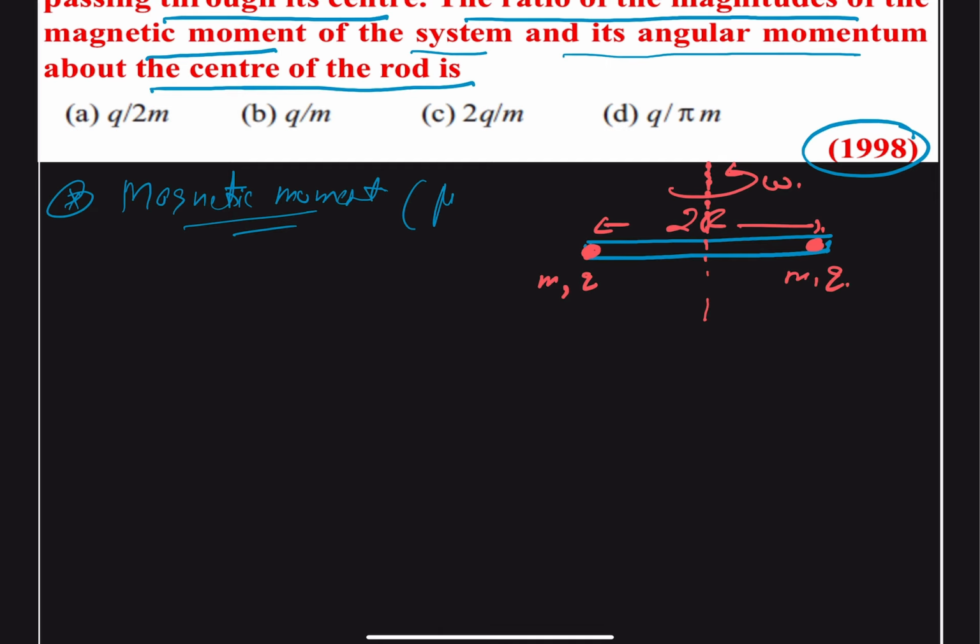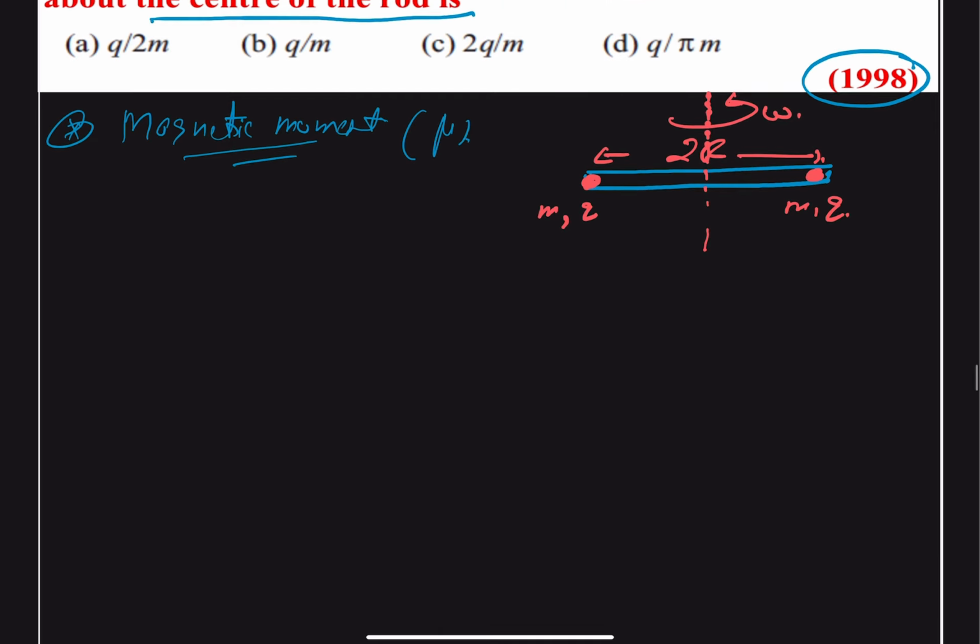Denoted as mu. And please keep in mind that the distance from the center to each charge will be known, r.